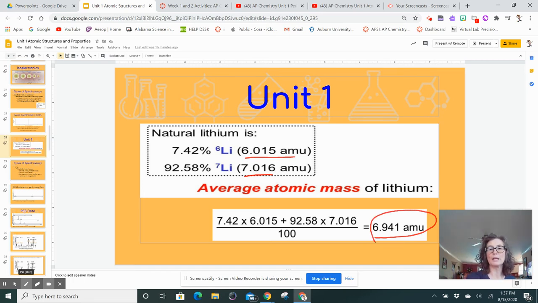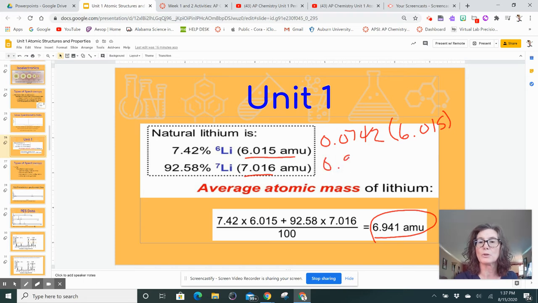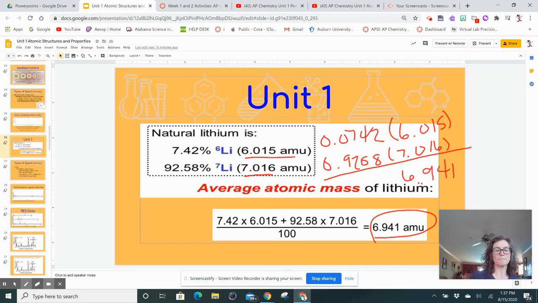So we multiply the atomic mass by the percentage in each case, and then we divide by 100. Another way you could think of it is you could go ahead and change those to decimals first, and then add them together. And that's going to give us our average of 6.941.